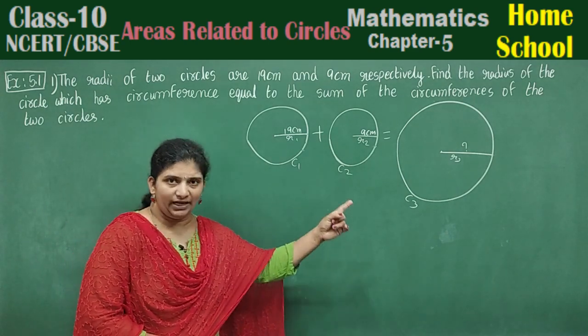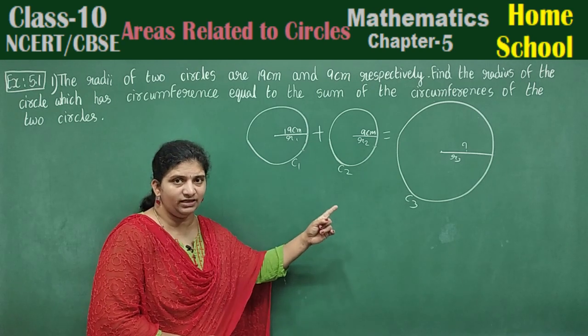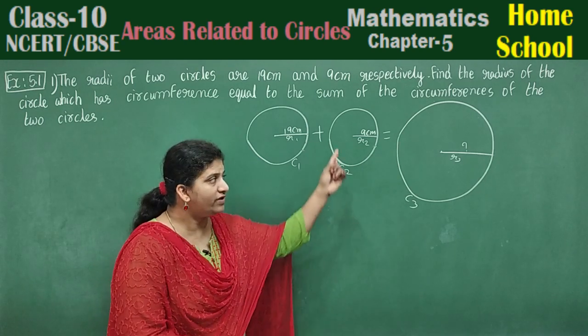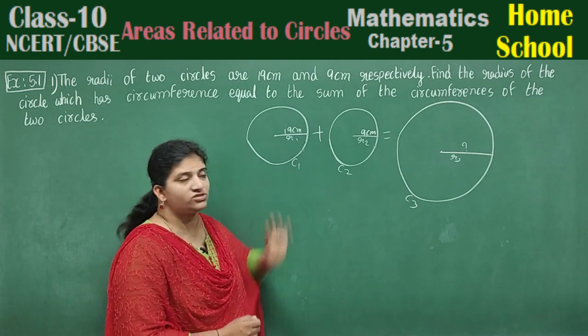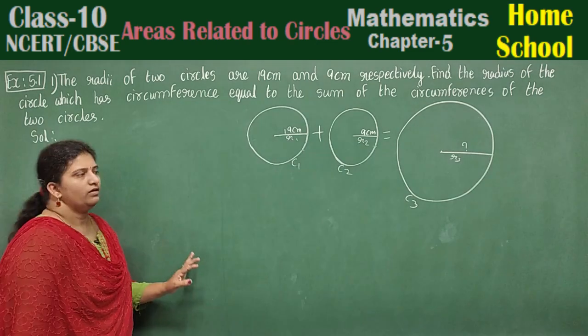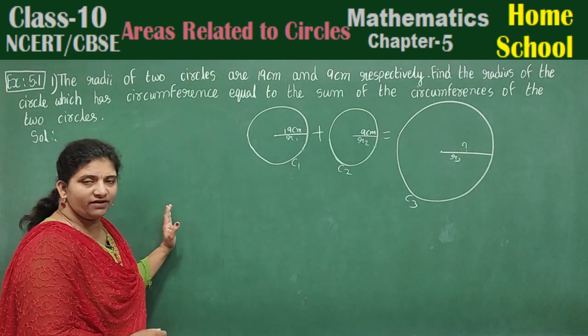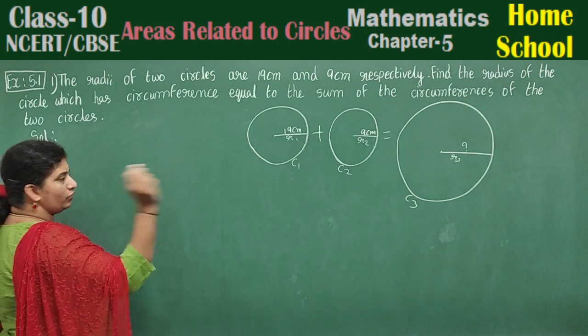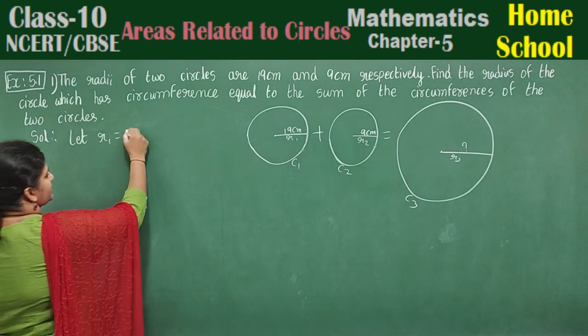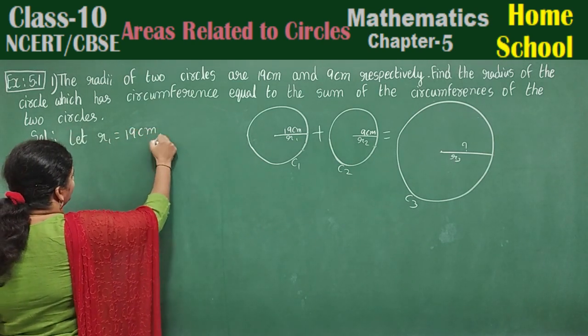We need to find the radius of the new circle such that its circumference is equal to the sum of the circumferences of these two circles. Let's start the solution with the given data. Let us assume R1, R2, R3. R1 is equal to 19 centimeters.